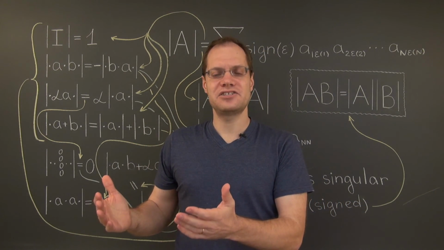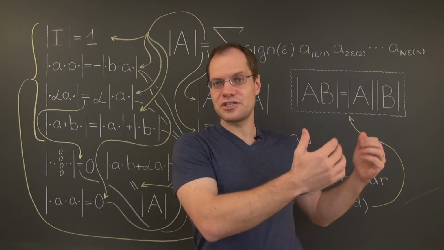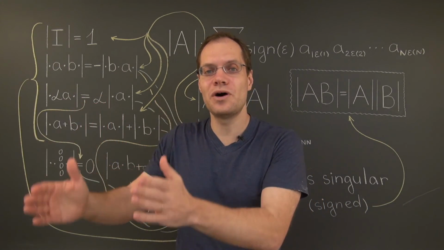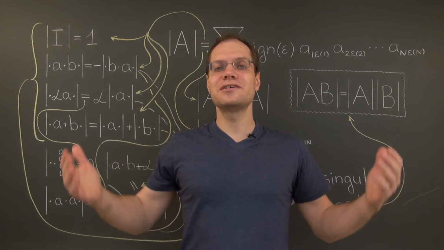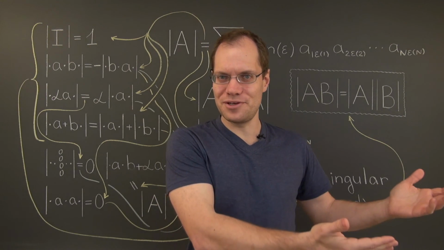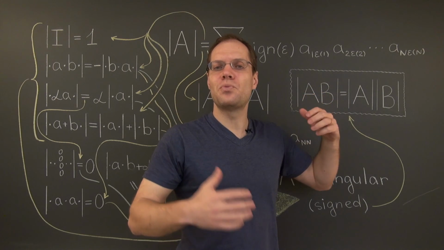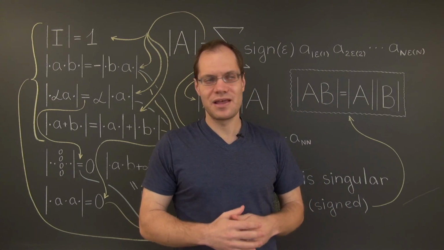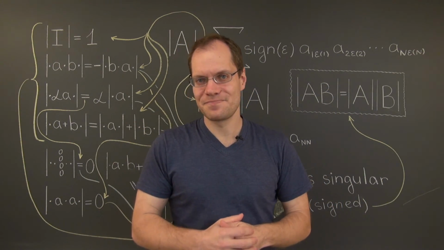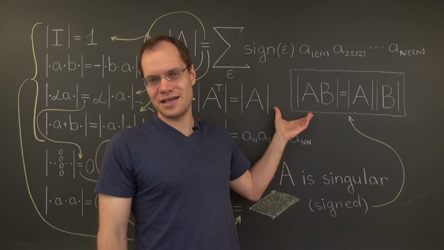And if one of the linear transformations stretches areas by 5, and the other transformation stretches areas by 3, then the combined transformation, the sequence one after the other, will surely stretch areas by a factor of 15. 5 times 3: 5, the amount by which one of the transformations stretches areas, times 3, the amount by which the other transformation stretches areas. And that's the simple geometric intuition behind this wonderful identity.